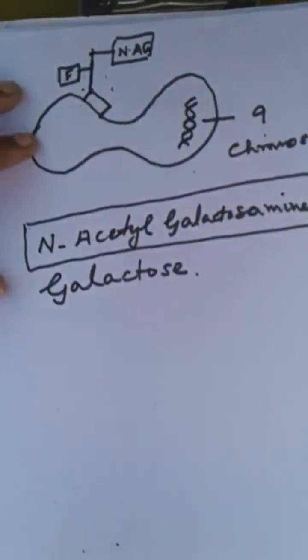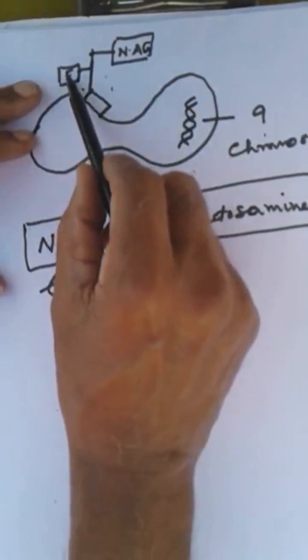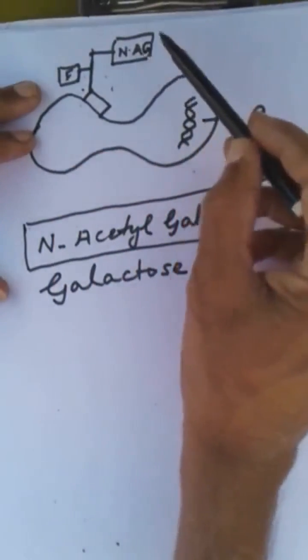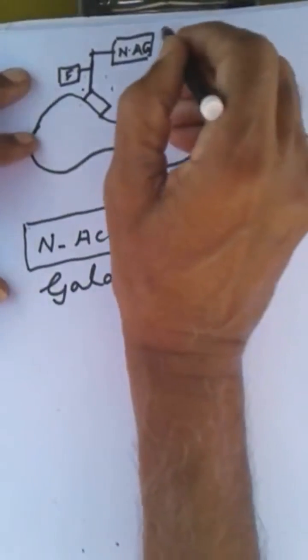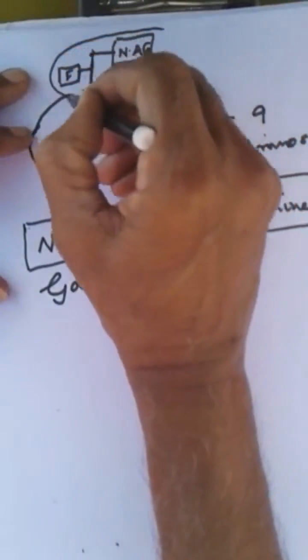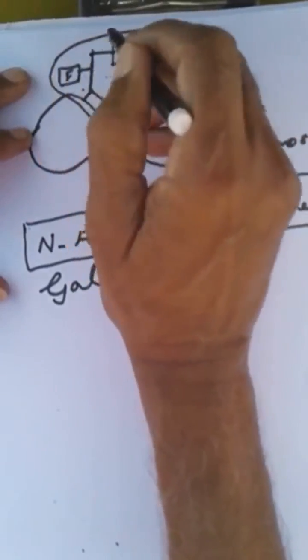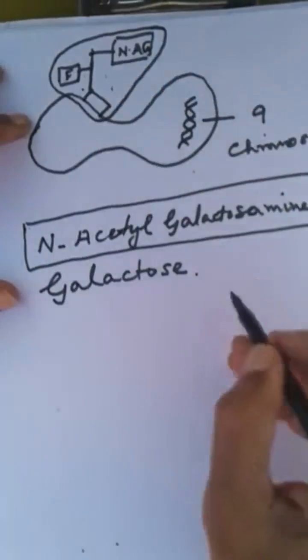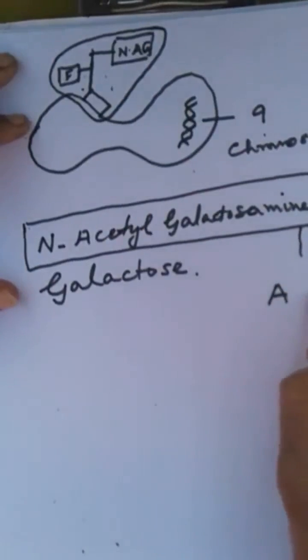So now there are three things: this is oligosaccharide, this is fucose, this is N-acetyl galactosamine. These three substances together are called A antigen.